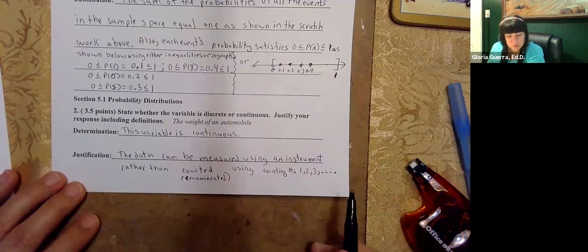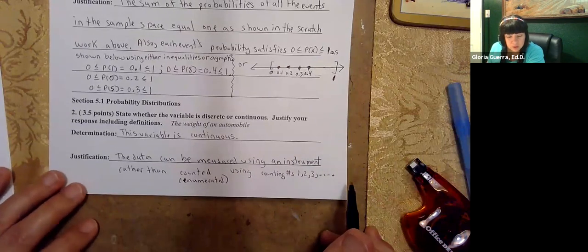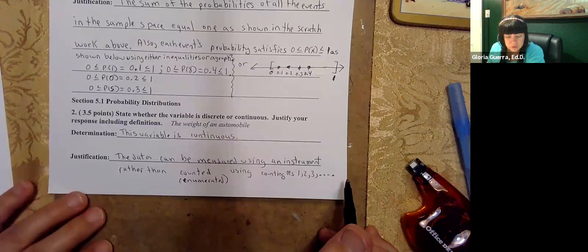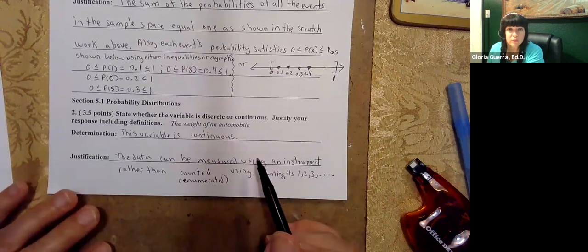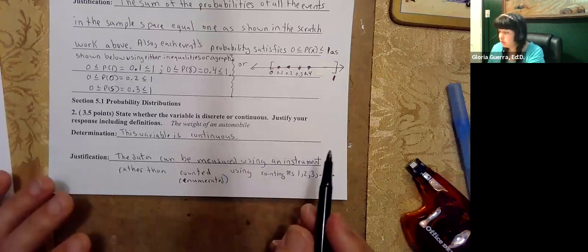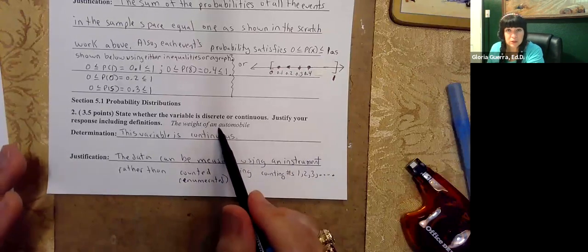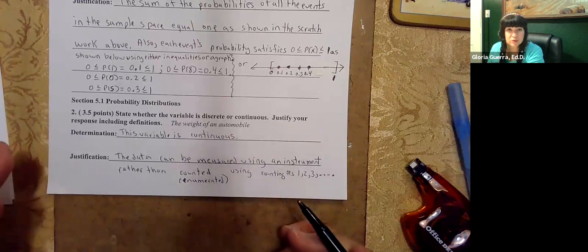Okay. So again, on the test, you want to know the write-up for discrete also. You want to know the write-up for discrete and continuous, because on the test you don't know what you're going to get. You don't know if you're going to get something that's continuous or something that's discrete.